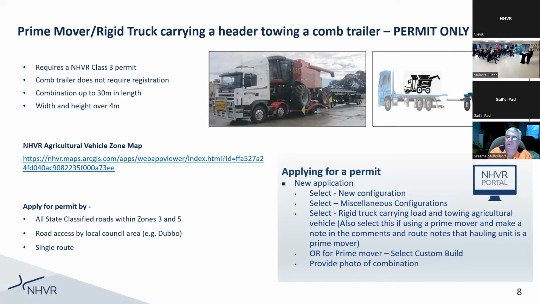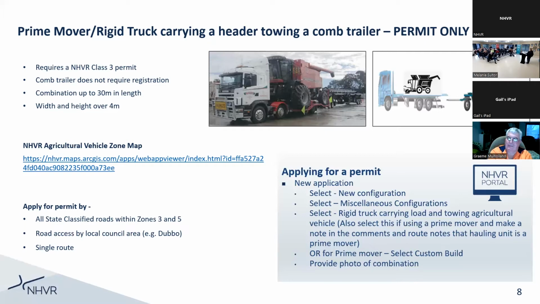If you check your network maps and where you're travelling isn't on the notice, you will then have to apply for a permit, which will be a Class 1 agricultural notice permit. But for this combination, because it's carrying the harvester, it's a load carrying vehicle, so it's not defined under the ag notice, and you will have to have a separate permit.